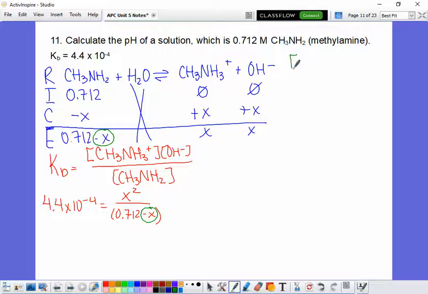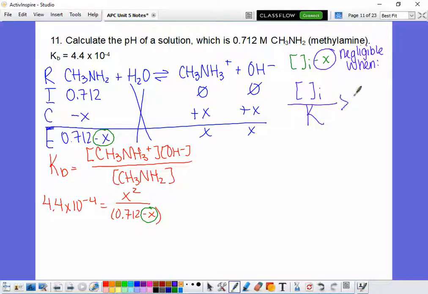So, initial minus x is negligible when you take your initial concentration of your acid or base and divide it by the K value given in the problem.